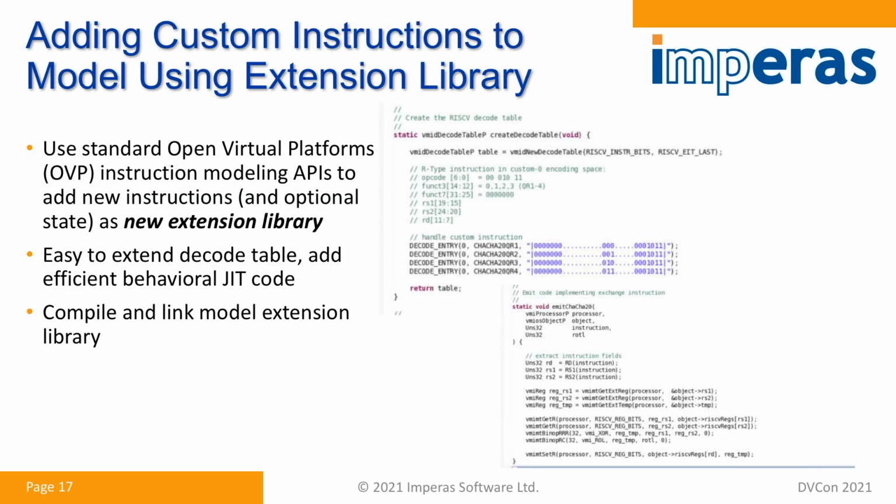Here we're showing just some examples of adding custom instructions to a RISC-V model. In this case, these are encryption instructions. This is a fairly easy example that is shown here. So again, these are added into a new extension library, a side library, and not into the main piece of the model.